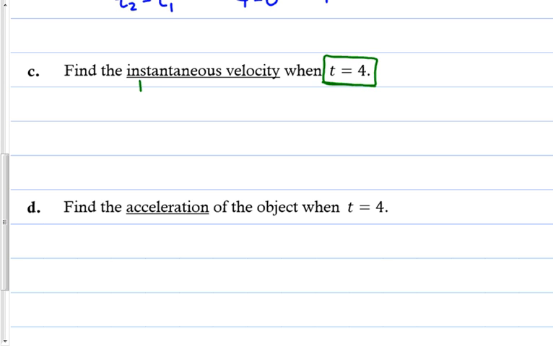So this is the derivative. So I'm going to derive my position function and then plug in 4. And that'll be the instantaneous velocity at that time, at t equals 4 seconds. Not from 0 to 4 seconds, not that interval, just at 4 seconds. Okay, so the function was, let me write it down.